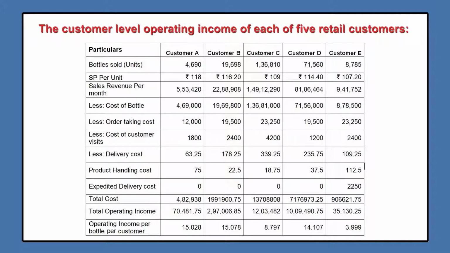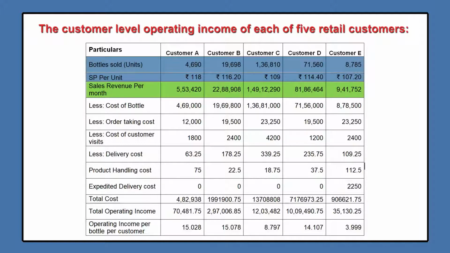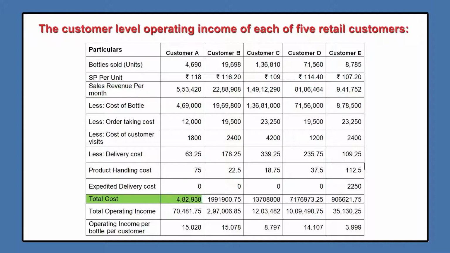In the present analysis, sales revenue per month for each customer is calculated by multiplying the selling price per unit with respect to volume of units that is sold to each customer. With this, the costs are deducted to calculate the total income for each customer.